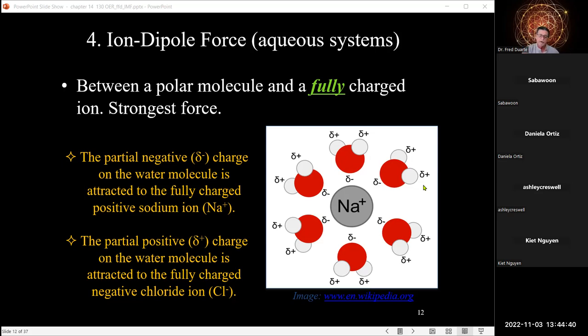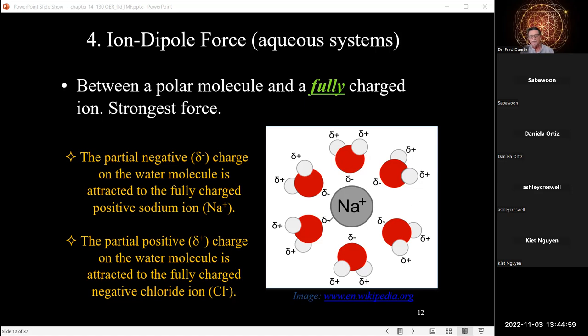And so you can see here the diagram that shows the full charge of the positive sodium ion, and around it is surrounded by the partial negative charge of the oxygen in water.